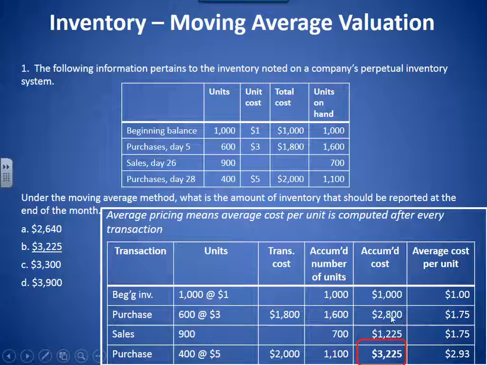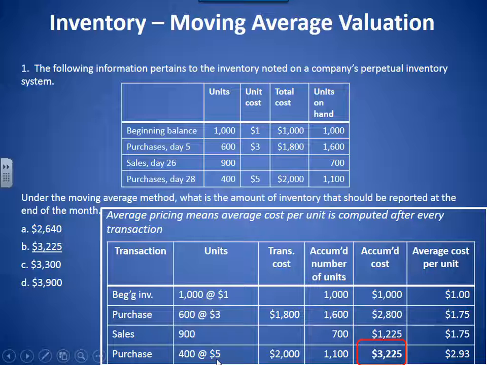So we take the $2,800 accumulated cost and subtract out $1,575. So our remaining accumulated cost now is $1,225, our inventory cost.